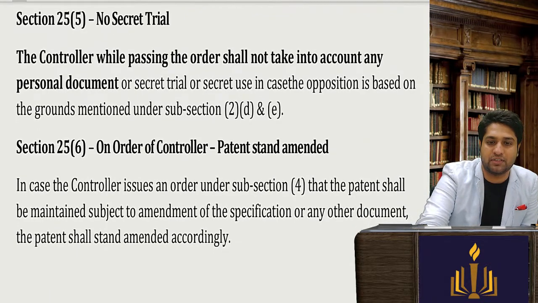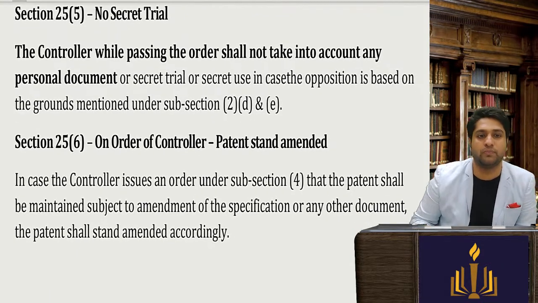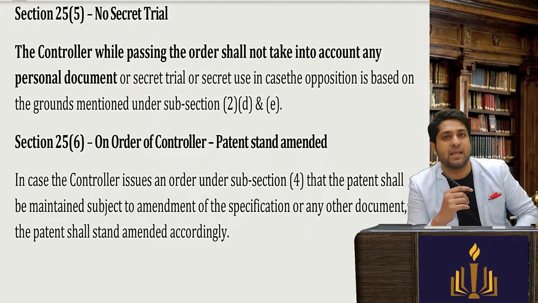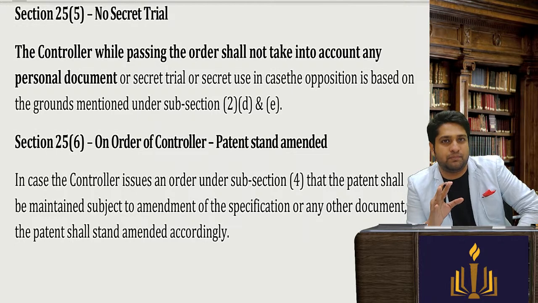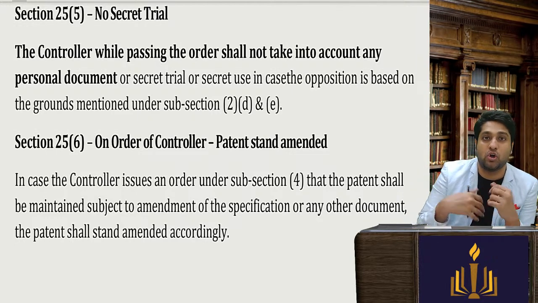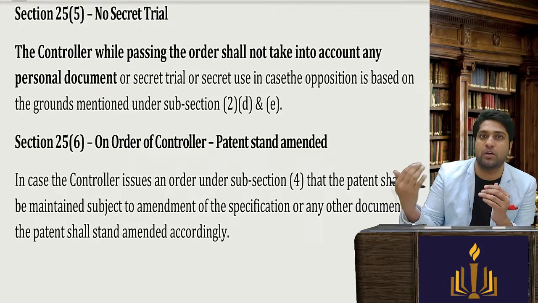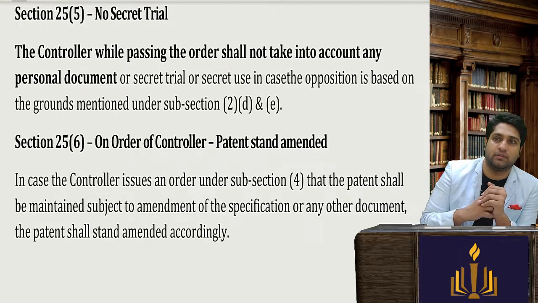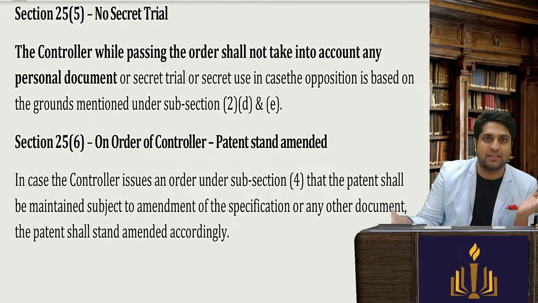Now imagine you have this opposition board, there will be controller, etc. You think the controller can keep closed room trials, secret trials, not inform anyone of what is going on? Because normally in any court case, the judge is not sitting alone with the party. You have the other side also, and then there are arguments.